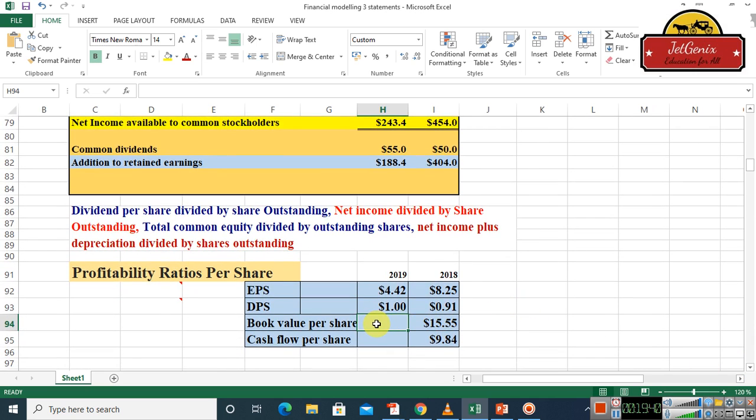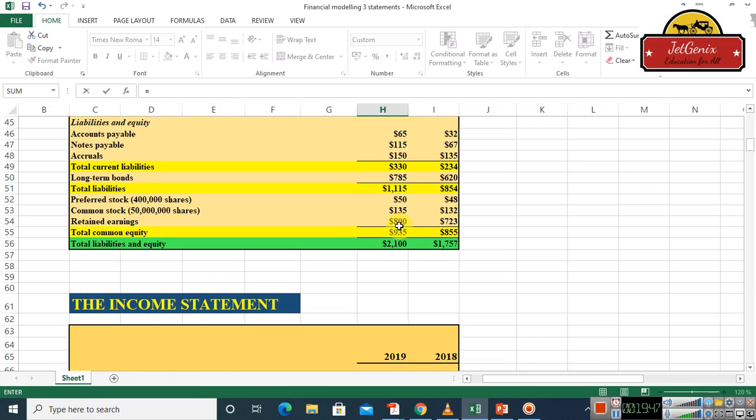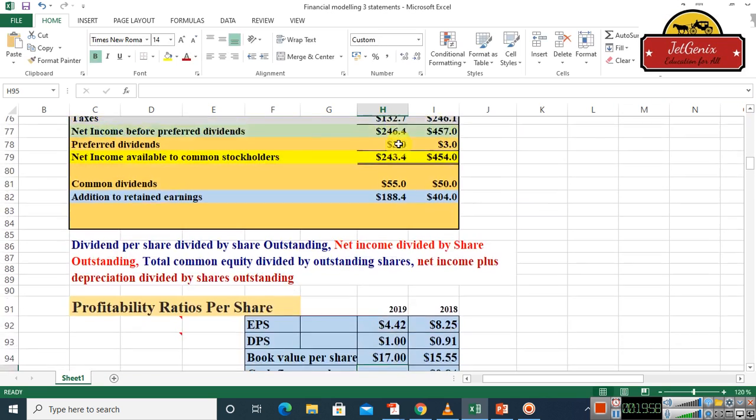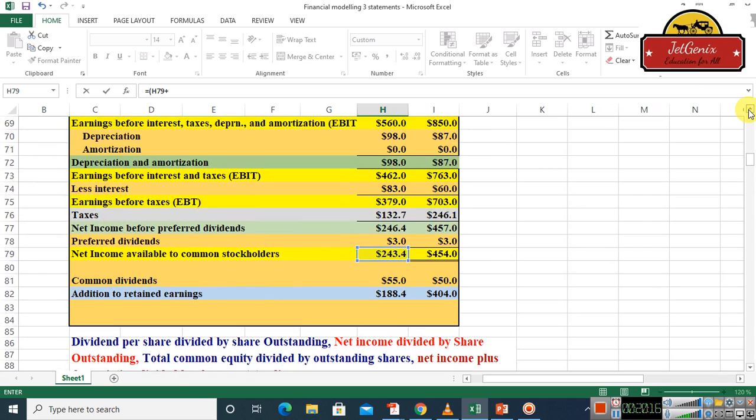Okay, so for the book value per share, I'm going to select the total common equity, which is in the balance sheet, and it's here. Okay, and I will divide it by the outstanding shares, and it's here, and press enter. So the book value per share in 2019 is $17, and if you want to calculate the cash flow per share, I'm going to take the net income and add the depreciation to it.